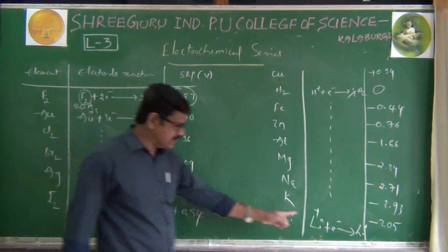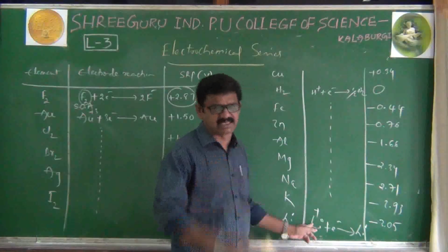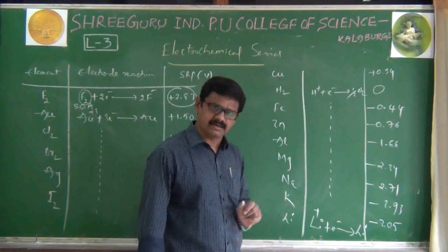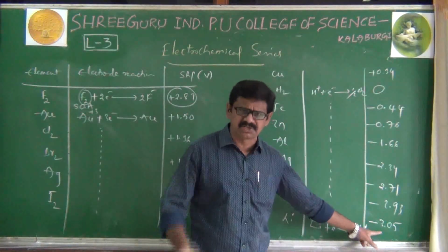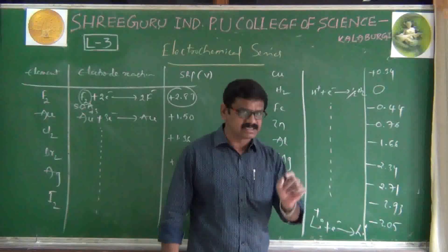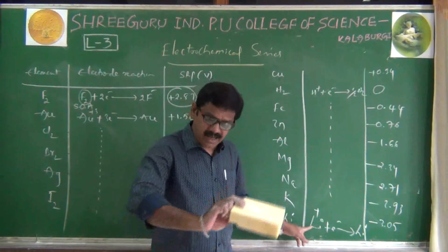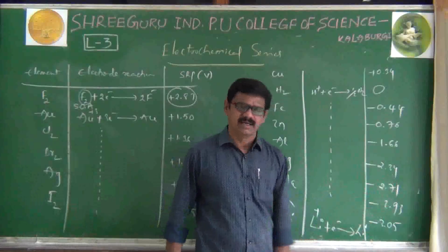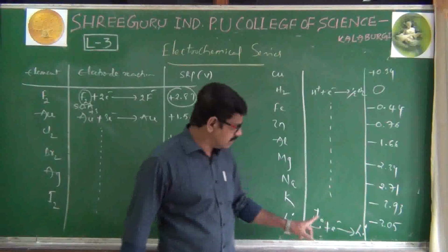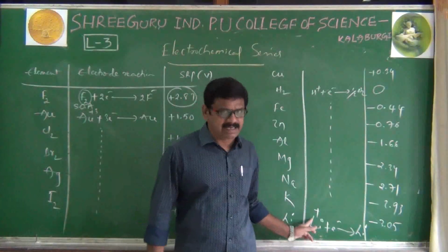Come here, we'll see lithium plus ion. Its standard reduction potential value is very low. Means lithium plus is not showing interest to participate in the reduction process. Why? Because lithium plus already has a helium configuration.